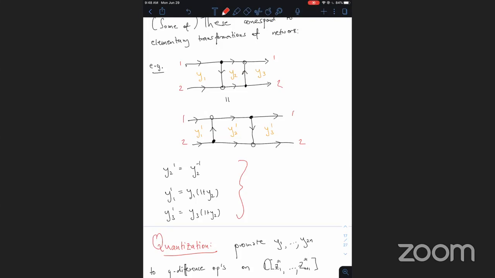And for instance, the 1, 2 entry of this top matrix is just going to be the sum of the paths from 1 to 2, so we're just going to pick up a single such path, which gives us weight y sub 1. Whereas in the second network, we're also going to have a single such path, but it's going to have weight y1 prime, y2 prime.